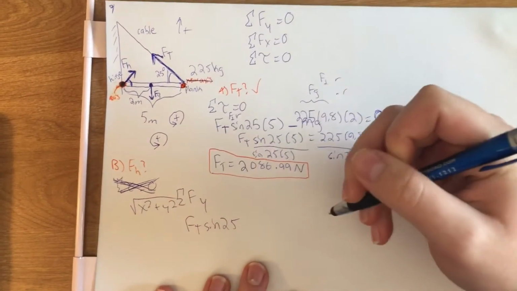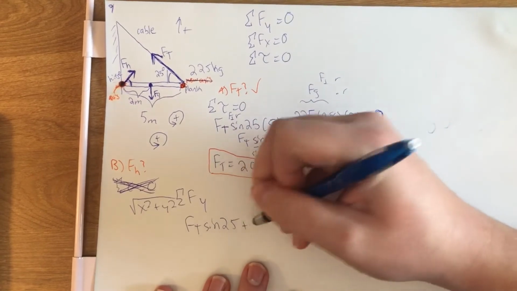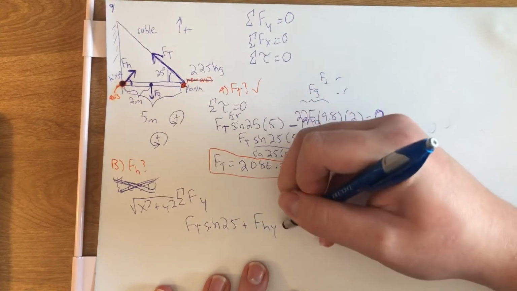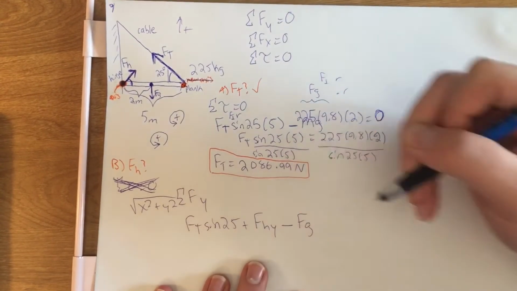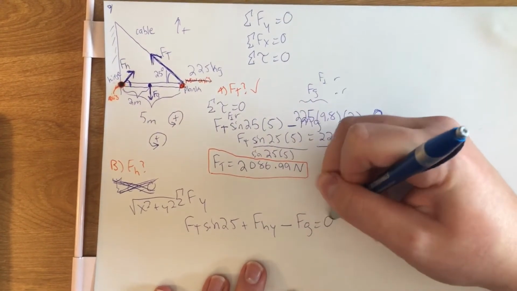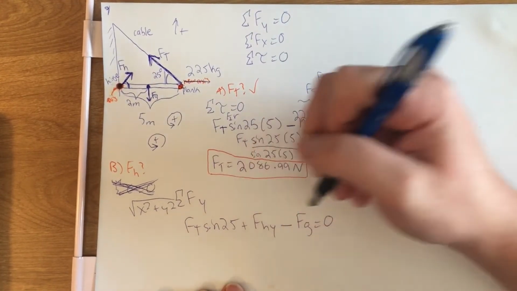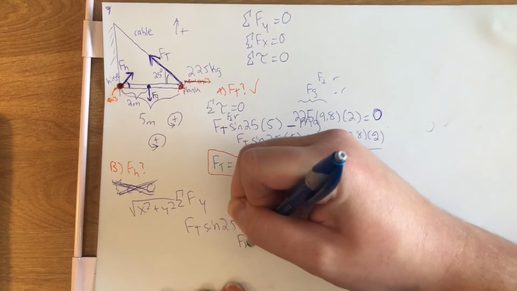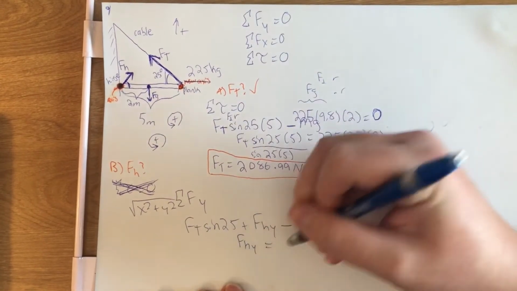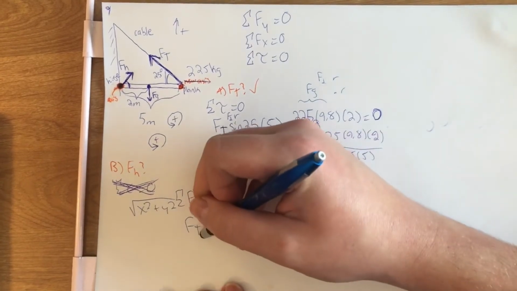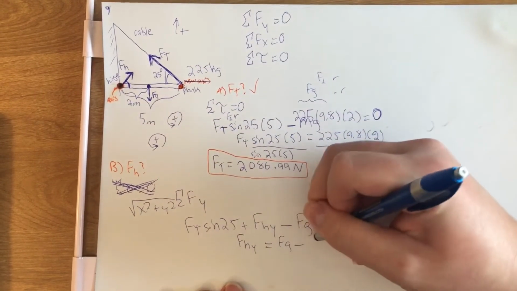The y component is going up, plus the y component of the hinge minus the force gravity because that's going down. That'll equal 0. So let's get the force hinge y component alone. The force of the hinge in the y direction is going to be equal to, I add force gravity over, and then I subtract Ft sine 25 over.